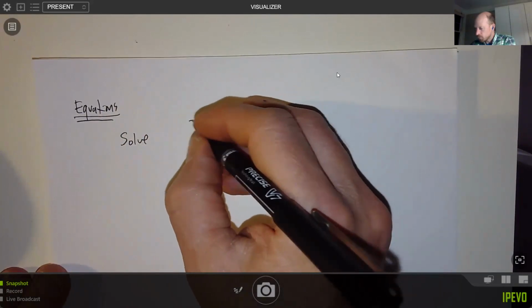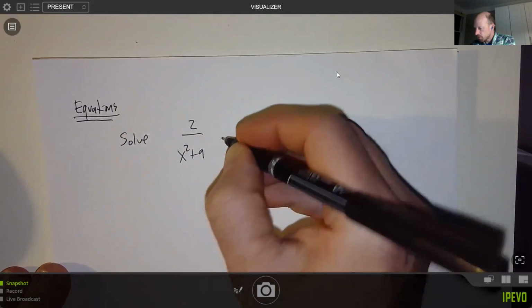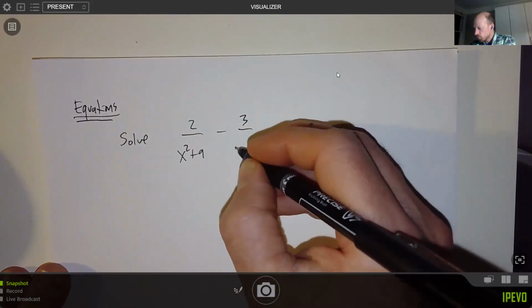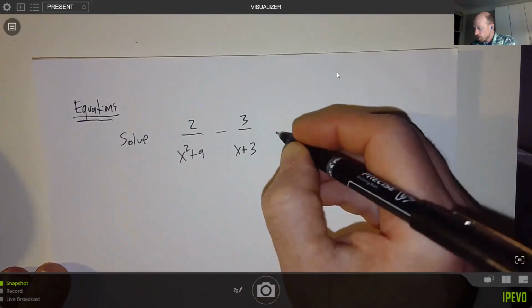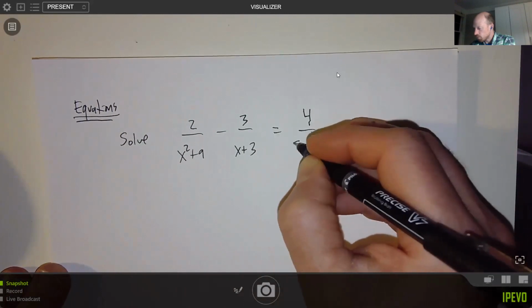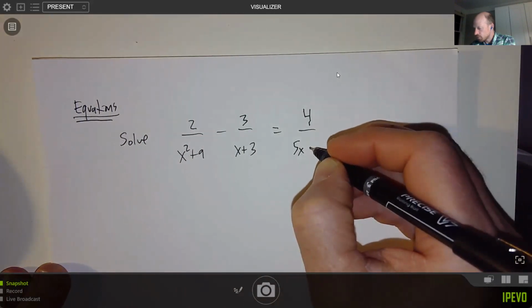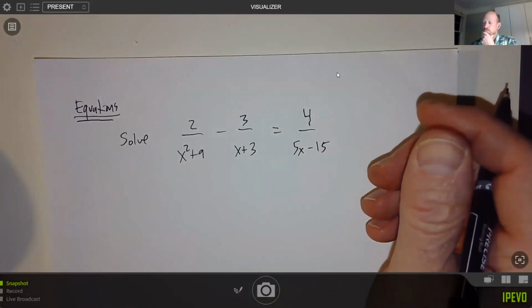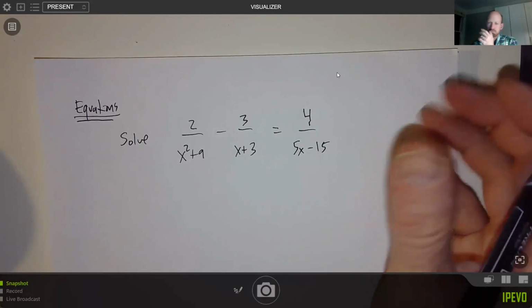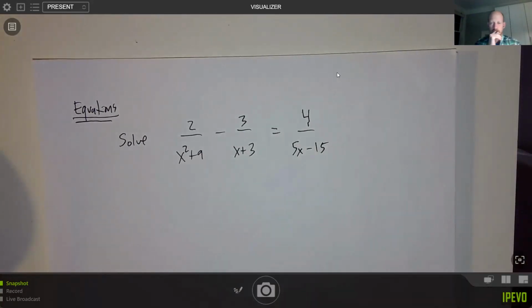Let's try 2 over x squared minus 9 minus 3 over x plus 3 equals 4 over 5x minus 15. It's not the easiest, but not the hardest type either.